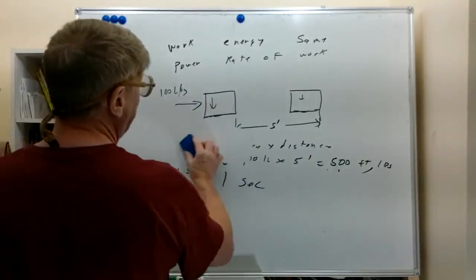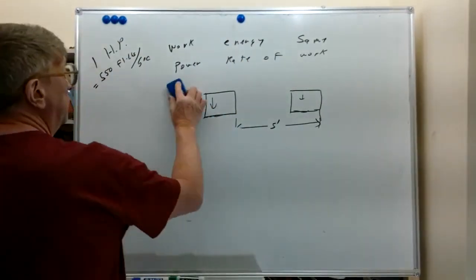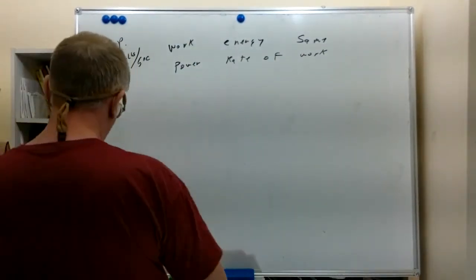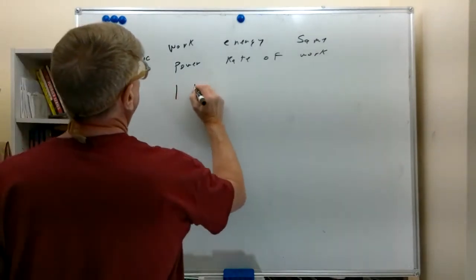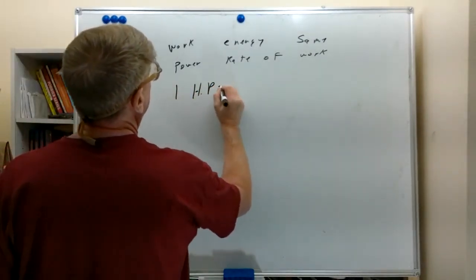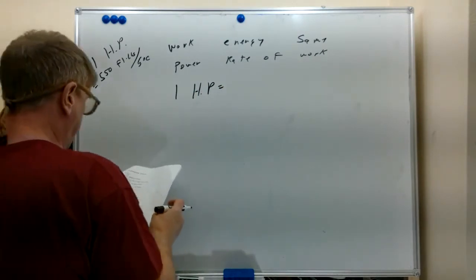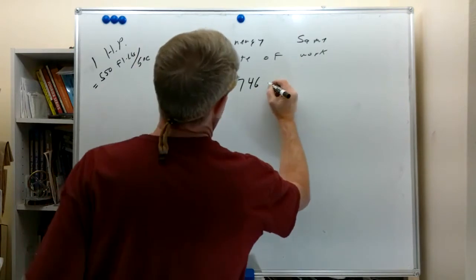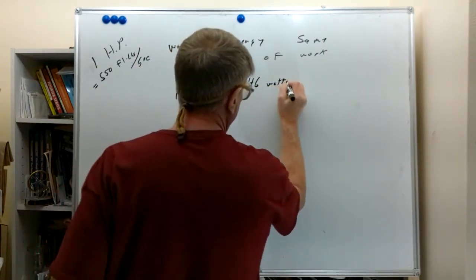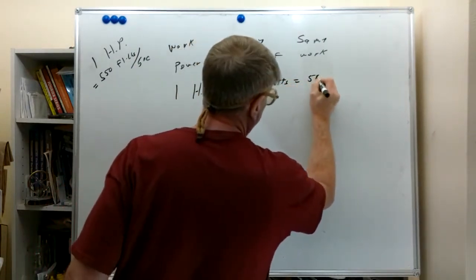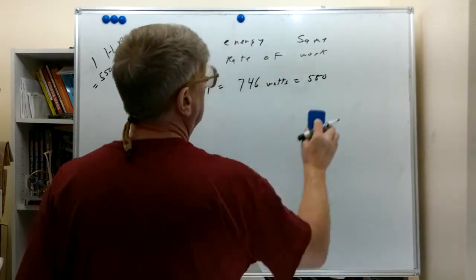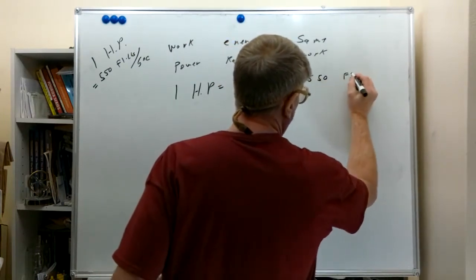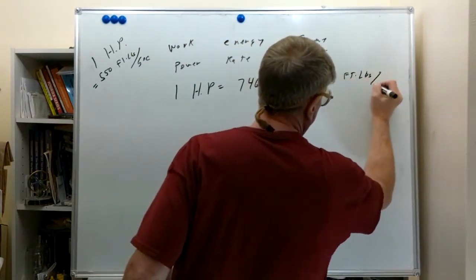When it comes to conversion factors, one horsepower is a rate of doing work which is also equal to 746 watts, again a rate of doing work, which is also equal to 550 foot-pounds per second.